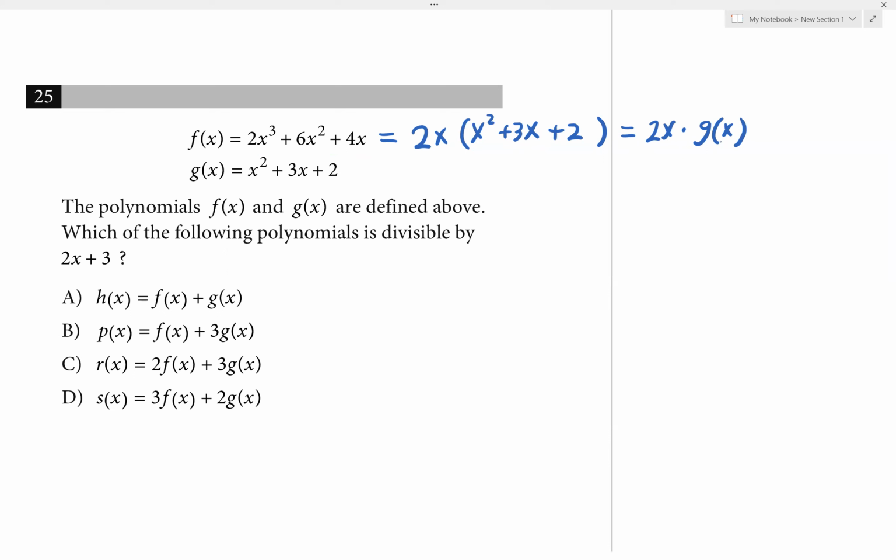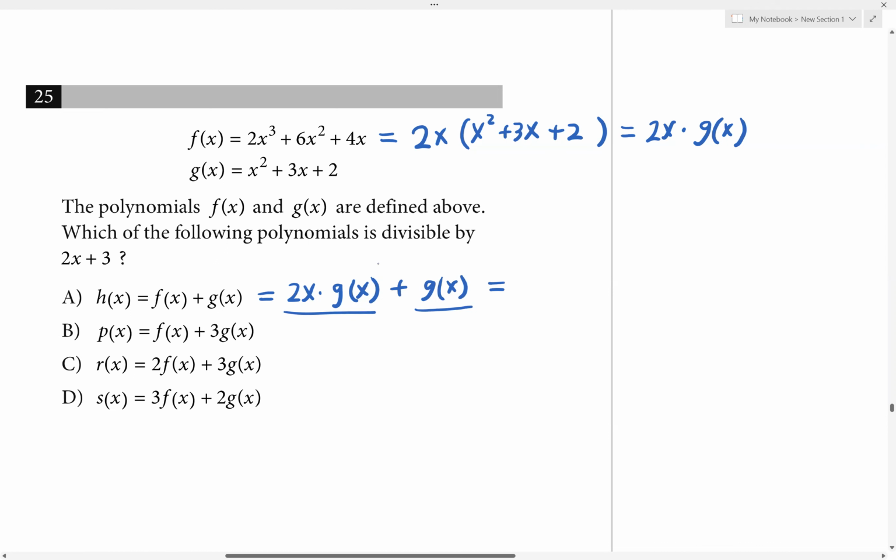Okay, so once we rewrite it in that form, we can go through our answer choices. Say we have letter A, then f of x will be 2x times g of x, plus the g of x function. If we treat these as 2 separate terms, g of x is a common factor among the 2, right?